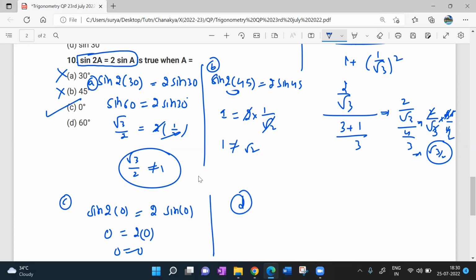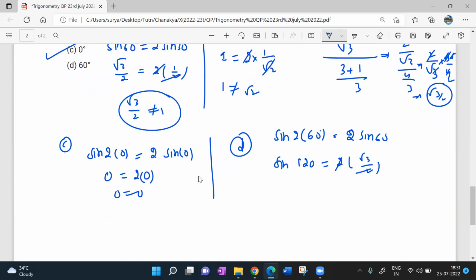Next, let us check option D also. Sin 2 into 60 is equal to 2 times sin 60. 2 into 60 is sin 120. 2 into sin 60 is 2 into root 3 by 2, which is root 3. Now sin 120 can be written as sin of 90 plus 30. 90 plus 30 is in the second quadrant, so sin becomes cos 30.